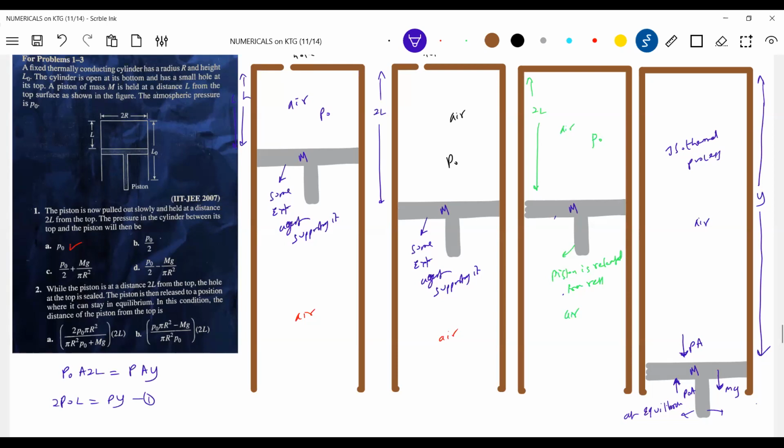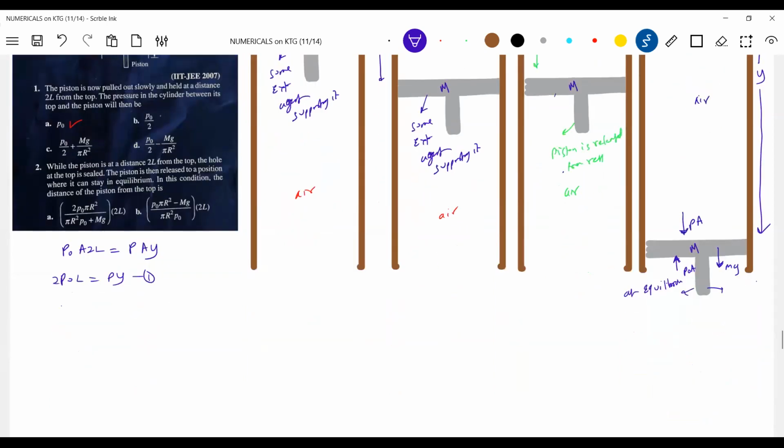So what is the state of the piston at equilibrium? What are the forces? PA plus mg minus P naught A equals 0. So what is the pressure equal to? P naught minus mg by A. That value I'll substitute here, equation 2 in 1.